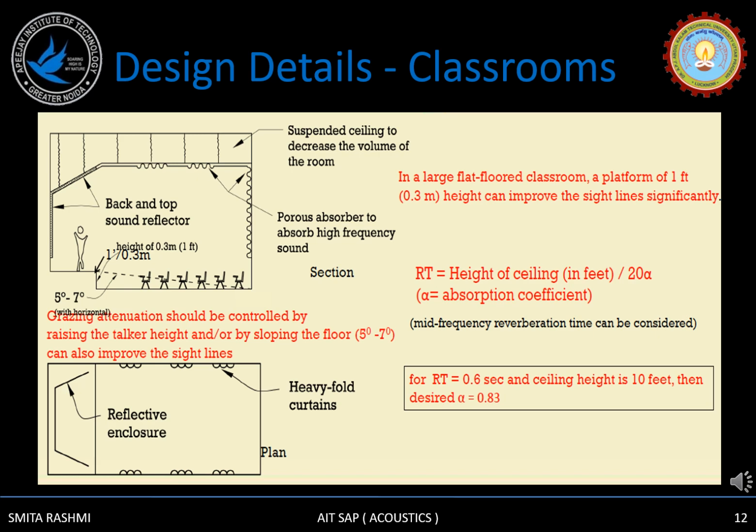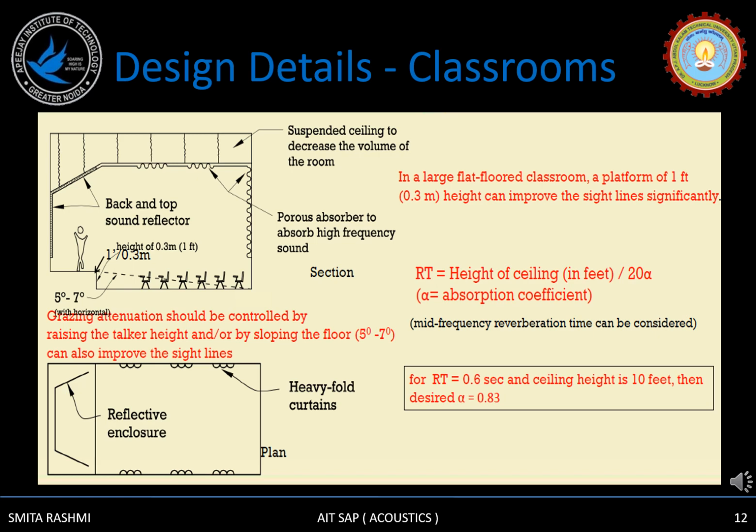Grazing attenuation will be controlled by raising the talker, in which the angle of incidence will be greater than 5 degrees, and raising the platform also improves the sight lines of the viewer.